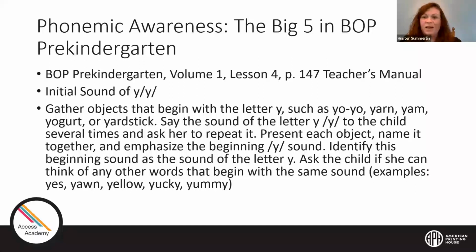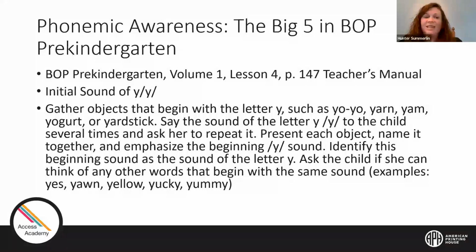Say the sound of the letter Y to the child several times and ask her to repeat it. Present each object, name it together, and emphasize the beginning y sound. Identify this beginning sound as the sound of the letter Y and ask the child if she can think of any other words that begin with the same sound.